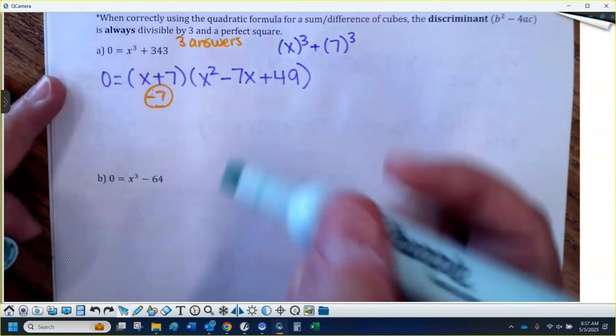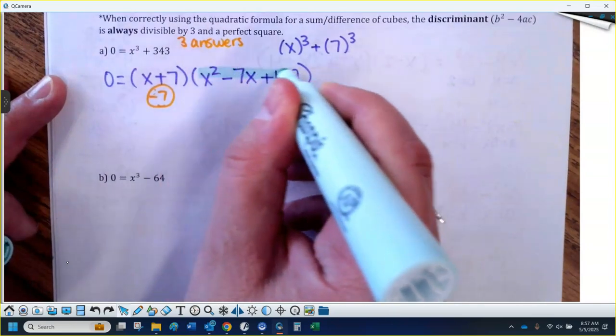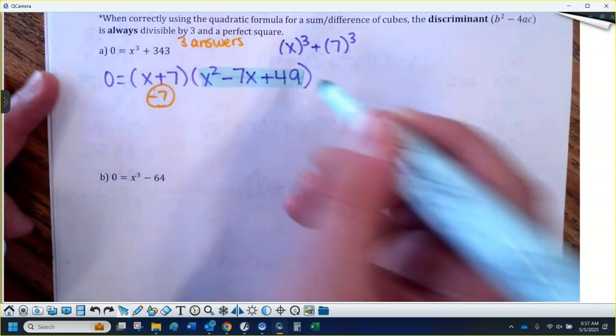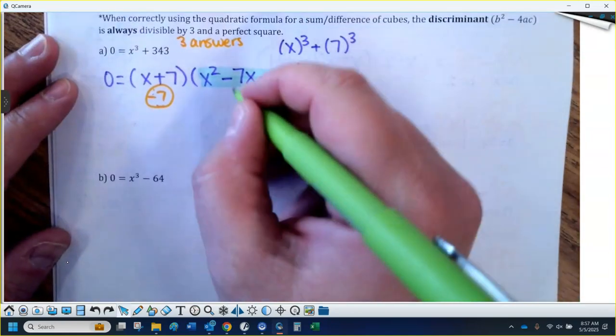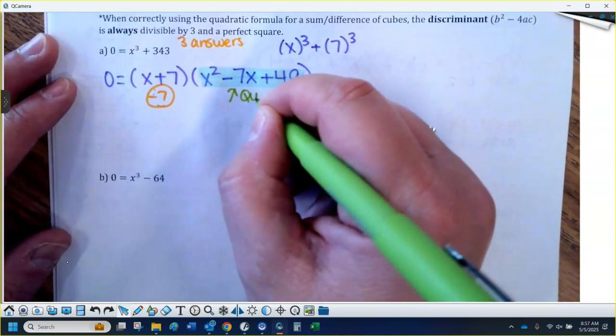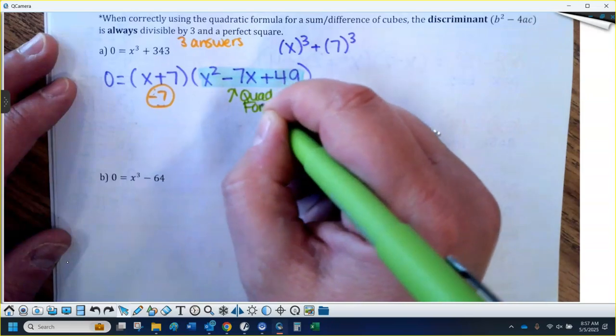So to find the other 2 answers, I need to find what sets this equal to 0, and that's where you're going to use your quadratic formula. I've got it at the top of the page if you want to look at it. This will give me my other 2 answers. We're just going to use the quadratic formula.